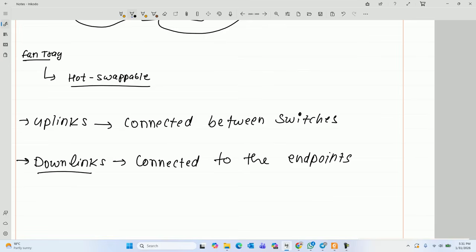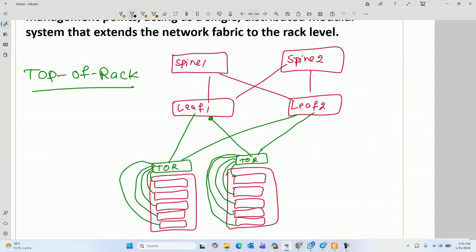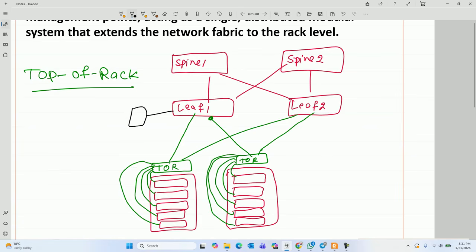Uplinks should always have high bandwidth, because if I go back to the design, let's say there are multiple servers connected. The bandwidth of this interface is dedicated for this user, but the bandwidth of this interface is shared. So the bandwidth of this interface should always be higher than these interfaces. That's why we call them uplinks.